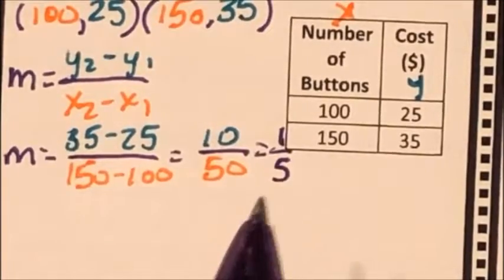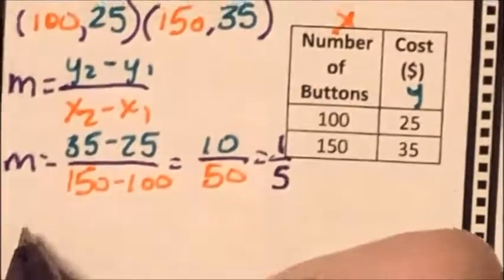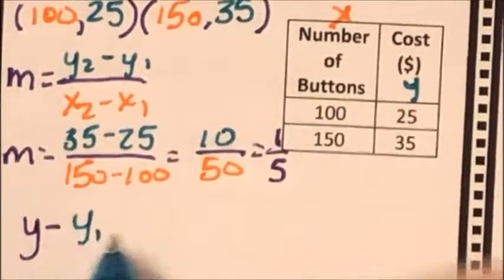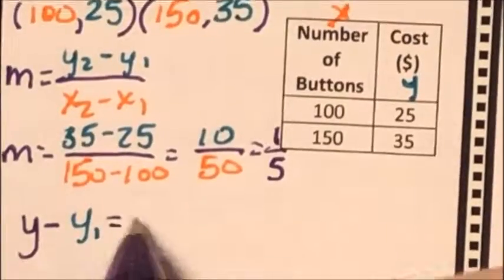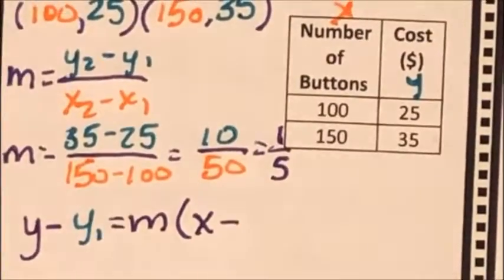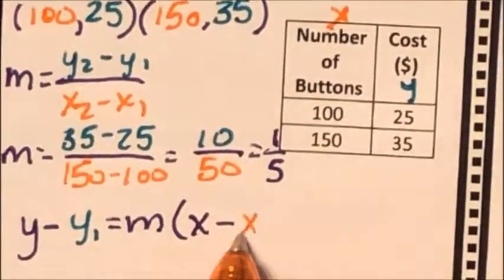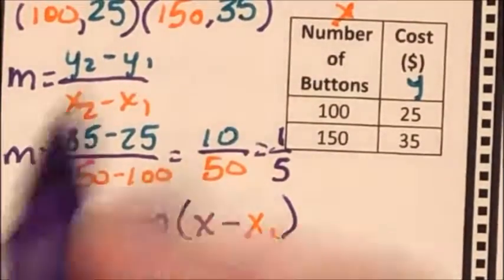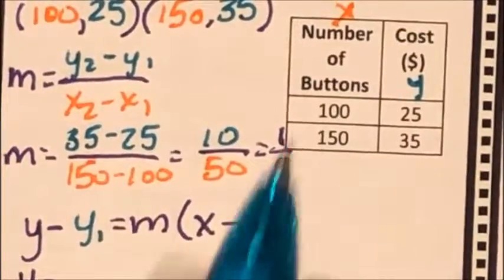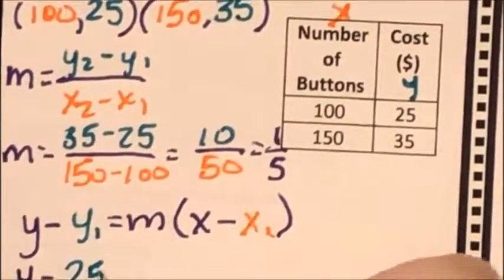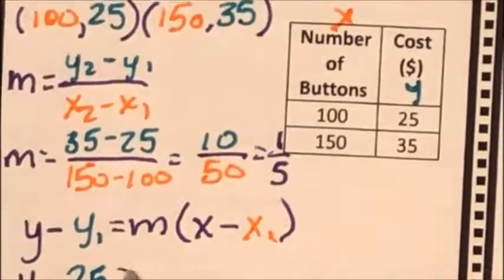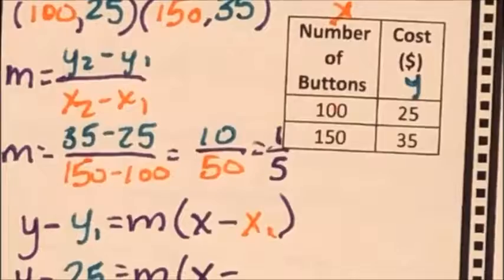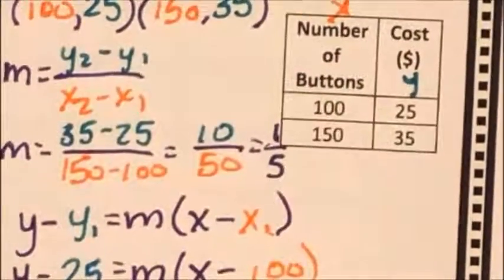So I want to put this in point slope form. So y minus y1 equals m times x minus x1. So y minus 25 equals 1/5 times x minus 100. Okay.